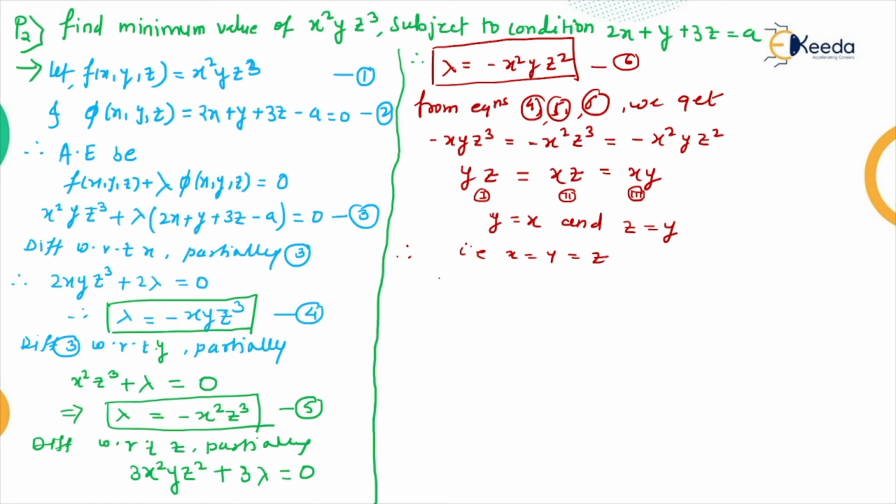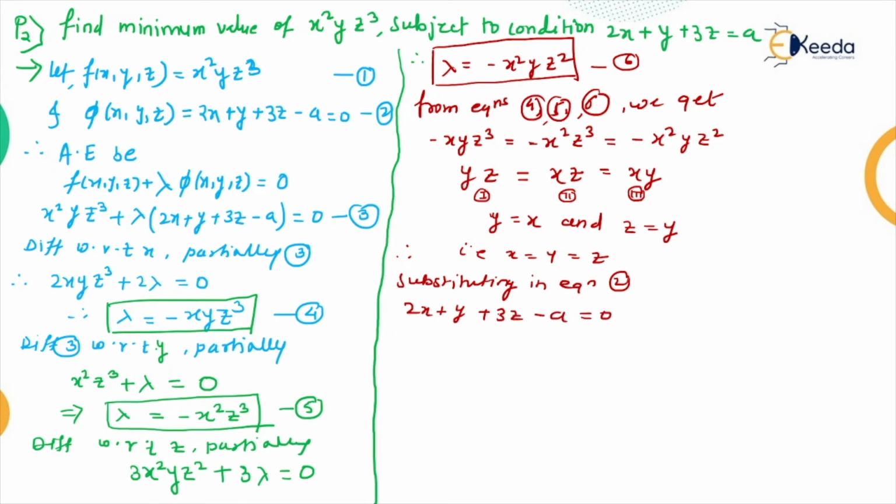Substituting in equation 2. So what is equation 2? Equation 2 is the conditional function, that is 2x plus y plus 3z minus a equal to 0.